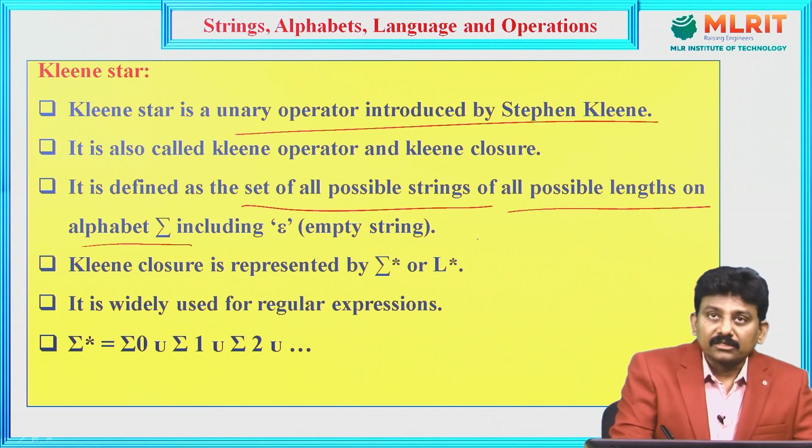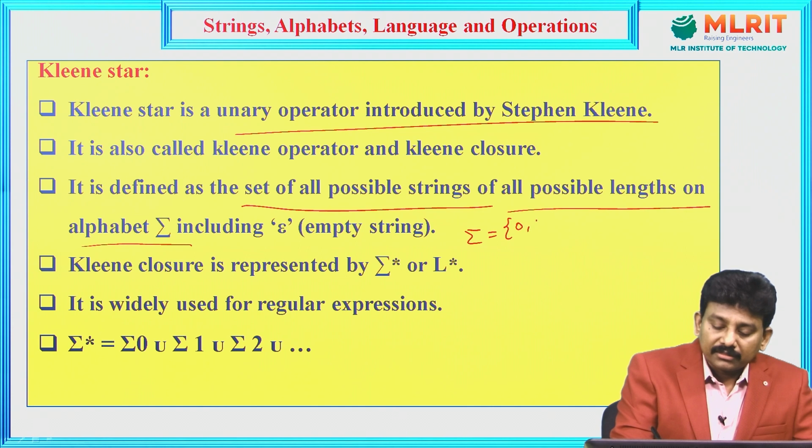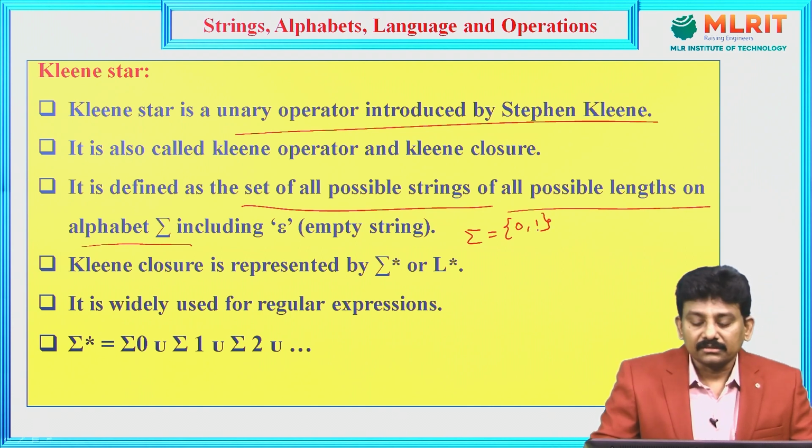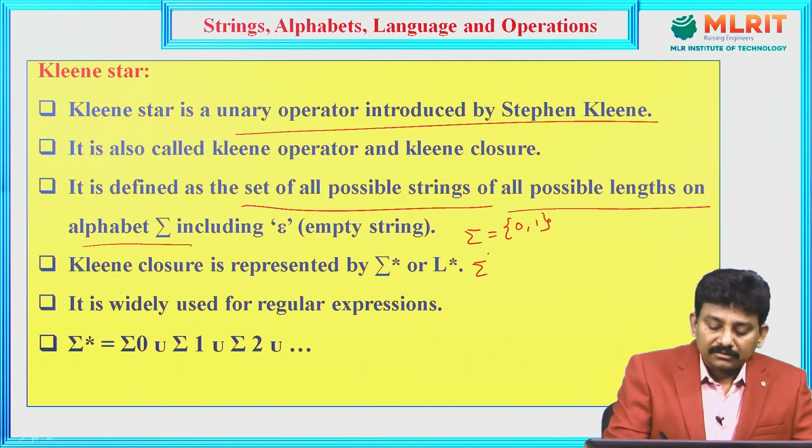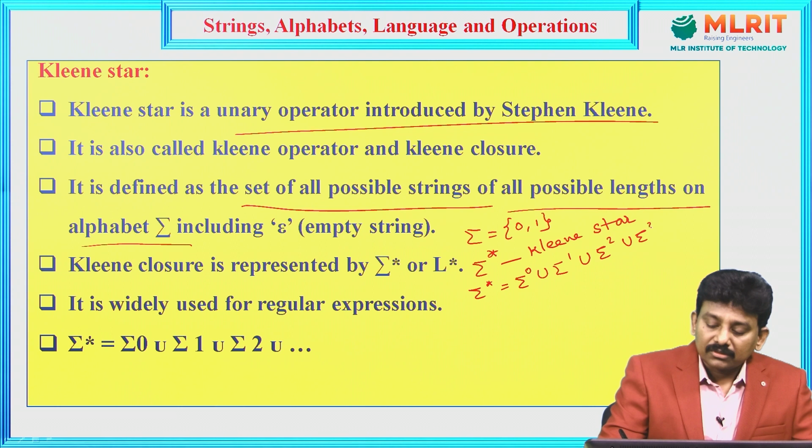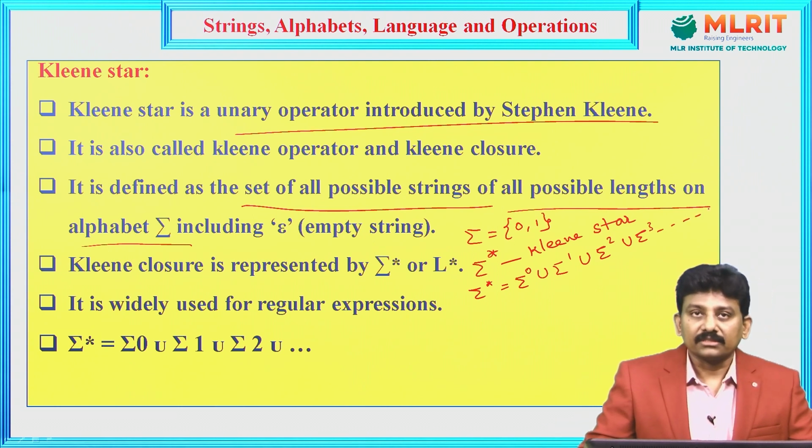For example, take sigma equal to {0, 1}, the input alphabet. Kleene star is sigma star. What is sigma star? Sigma star is sigma power 0 union sigma power 1 union sigma power 2 union sigma power 3 and so on up to infinity.